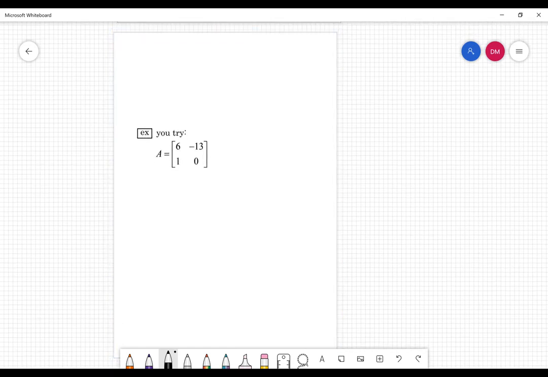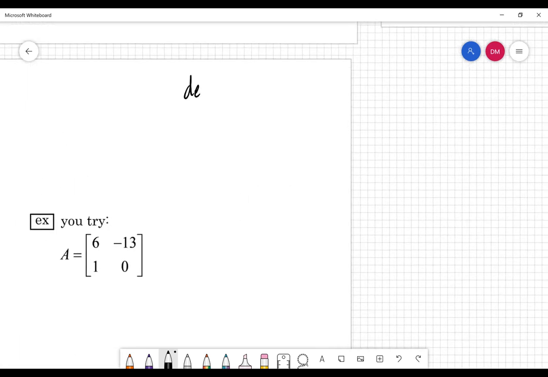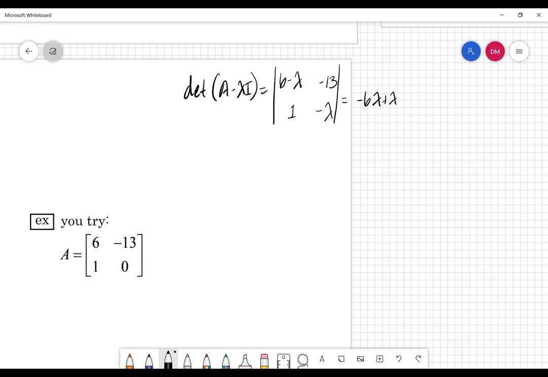All right. So the determinant of A minus lambda identity, which A minus lambda identity would look like this. And we would get, multiply that out, lambda squared minus 6 lambda plus 13 equals 0.